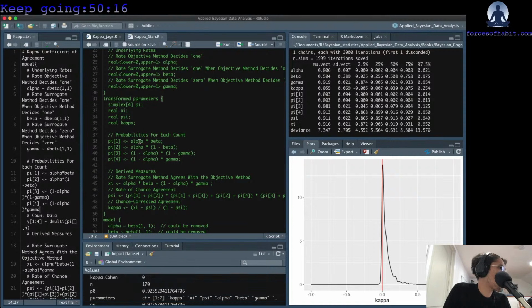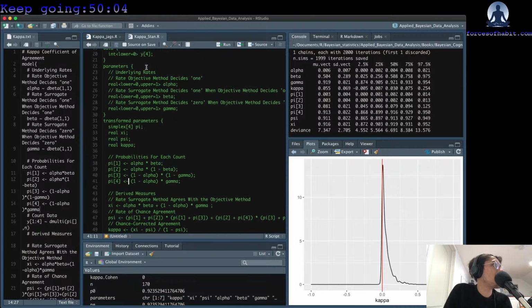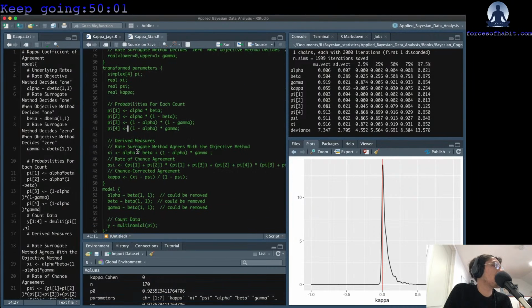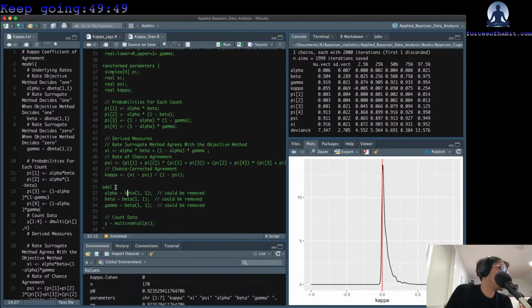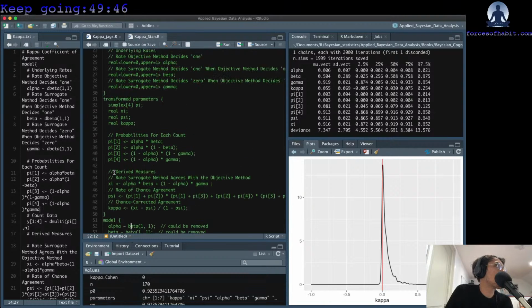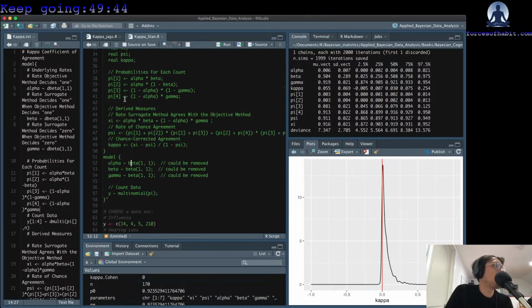So v1, same thing, just we have arrows here because we identify that this is deterministic, right? Instead of equal signs. And derived measures, expected, observed, and kappa. In addition to the parameters, then we have our model specification here.